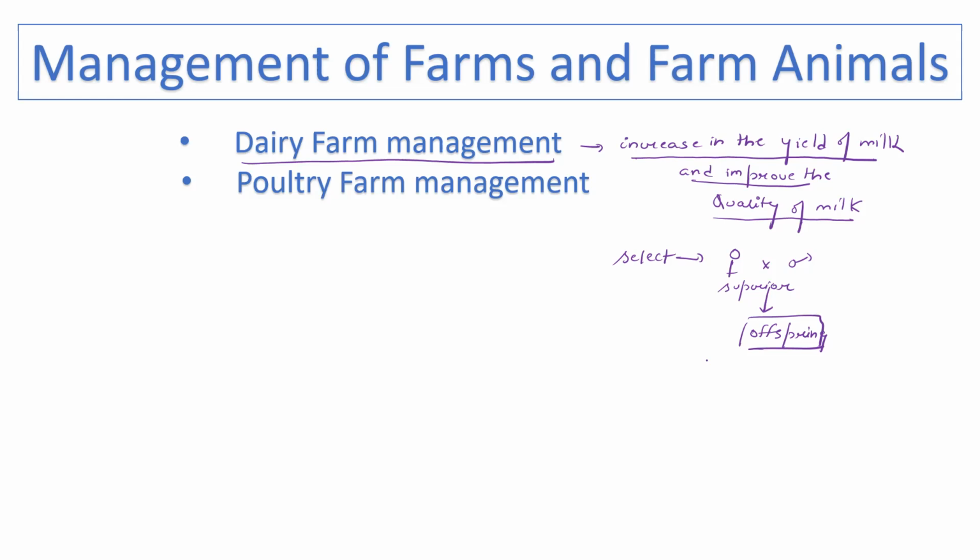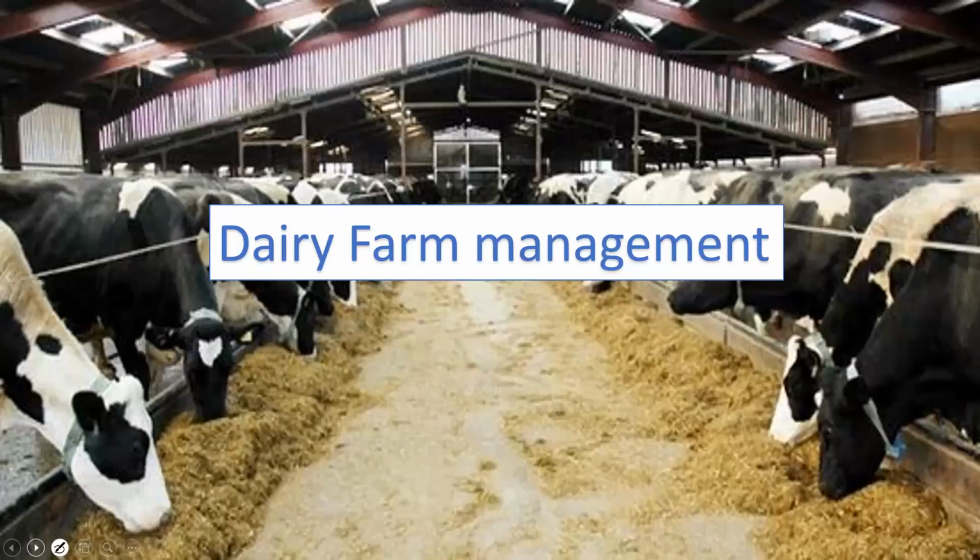In India, milk yield is low due to inferior breed. If your breed is inferior, the yield or quantity of milk will also be less. So this is dairy farm management.